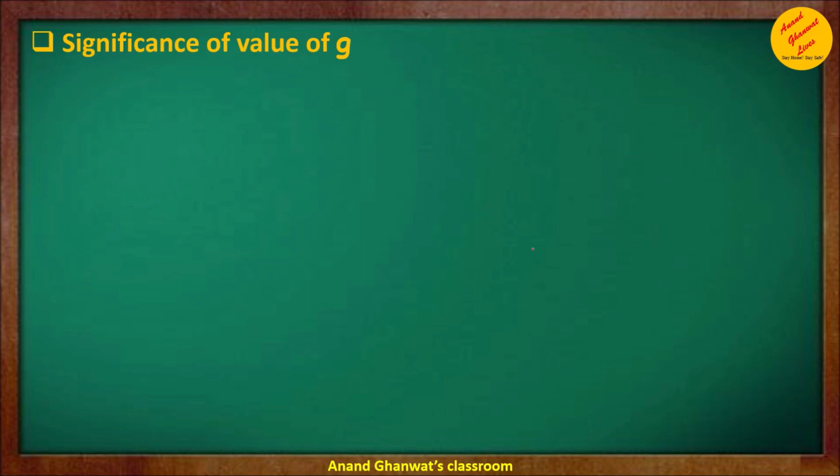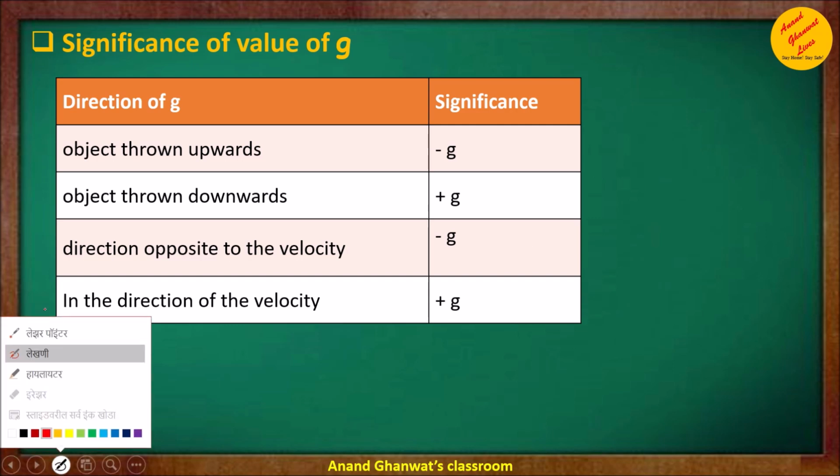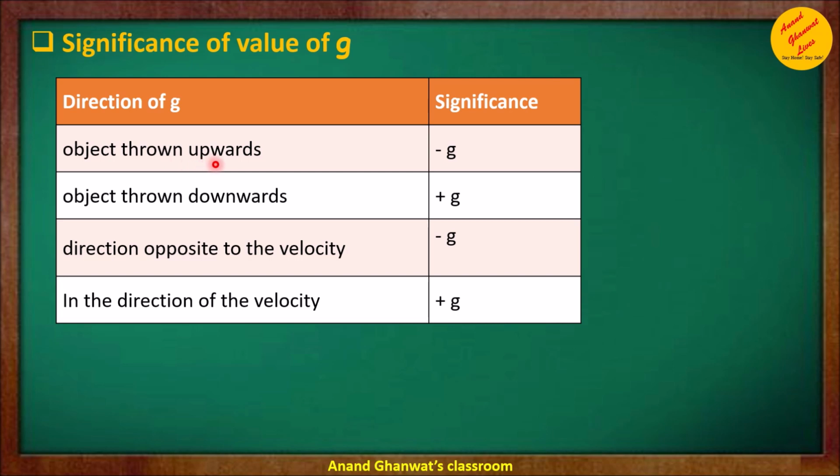Let us learn the significance of the value of g, that is, when we take the value of g as positive and when as negative. This significance depends upon the direction of g. When an object is thrown in the upward direction, the value of g is negative.